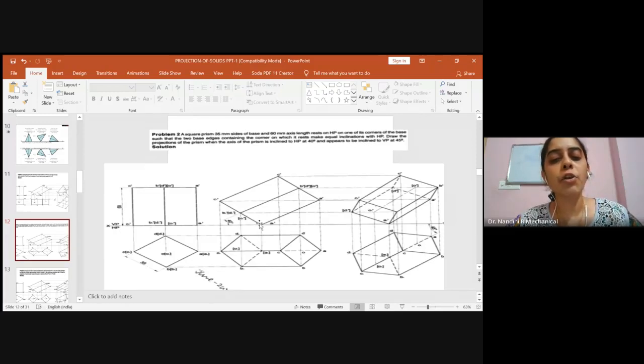This corner should not be away from the XY line or below it. It should be on the XY line. For that, you should always measure this distance using the compass, and start moving the compass on this XY line with that measurement. Fix the point when that measurement exactly touches the XY line.